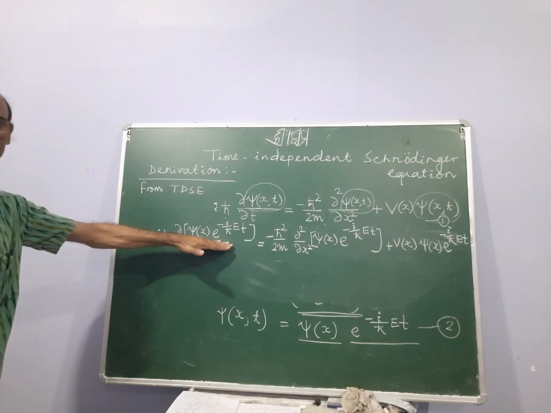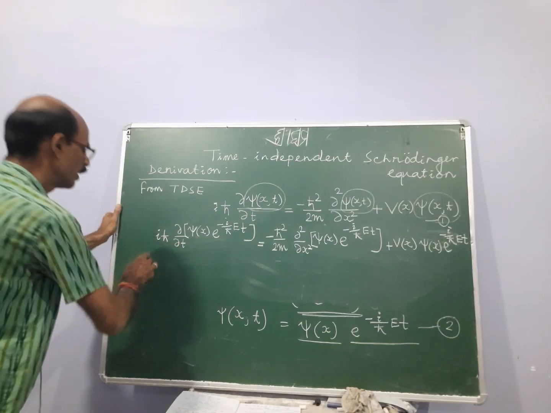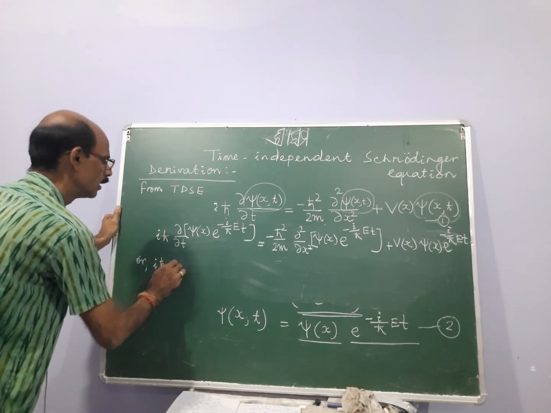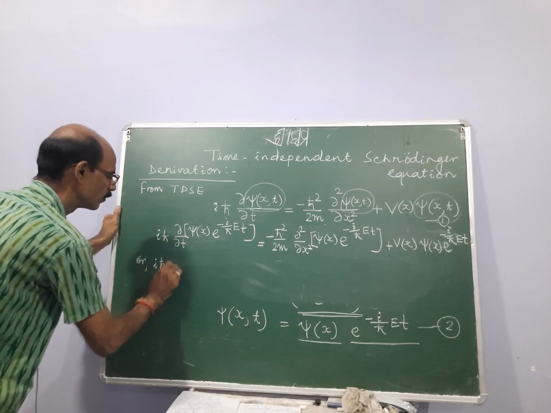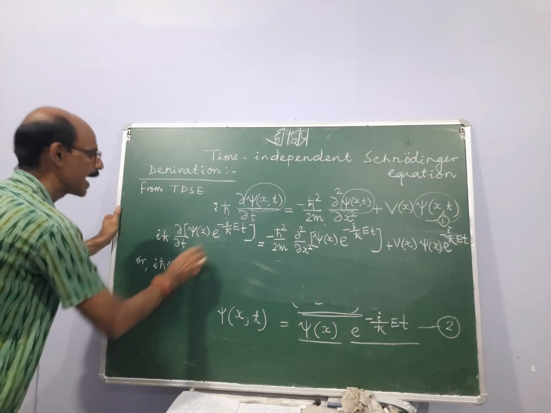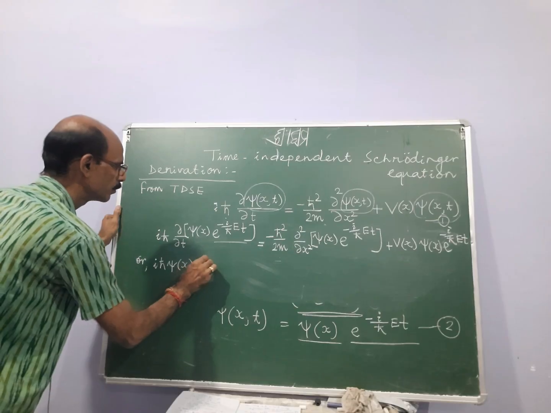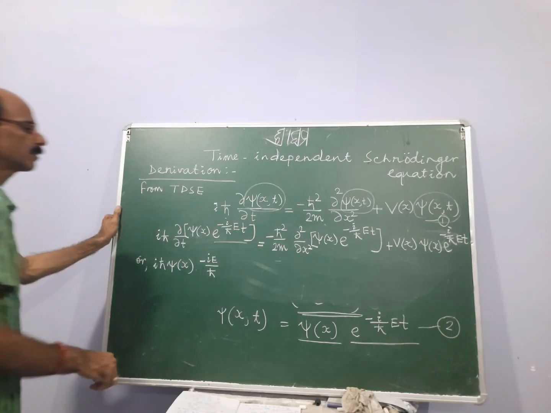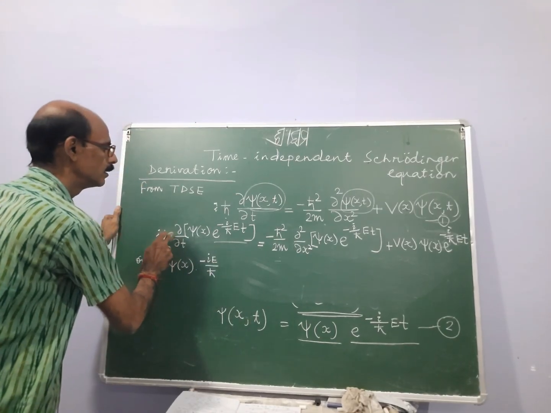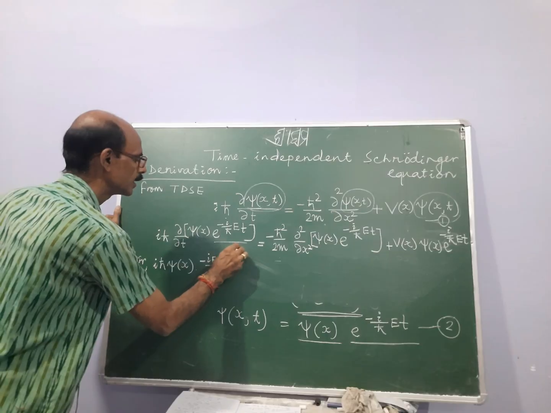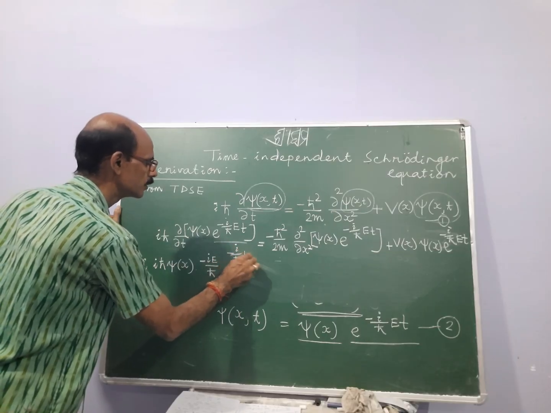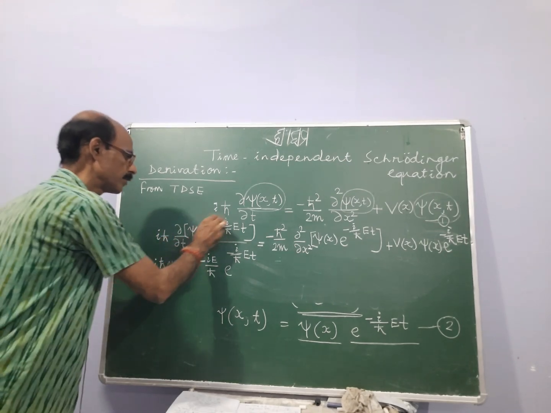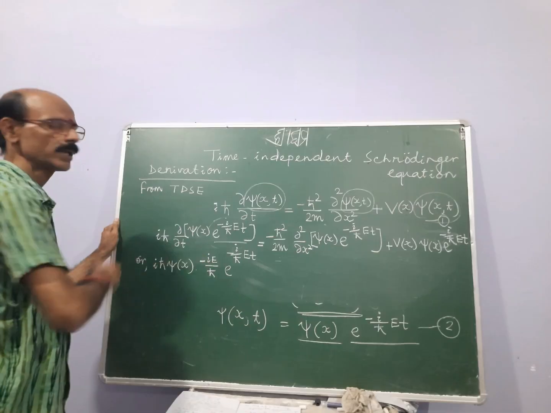Now differentiate it with respect to time. Differentiating with respect to time, psi x is independent of time, so it can be put outside, and the derivative of the exponential can be written as minus i E by h cut exponential minus i by h cut E t. Taking the derivative with respect to time, we obtain this.